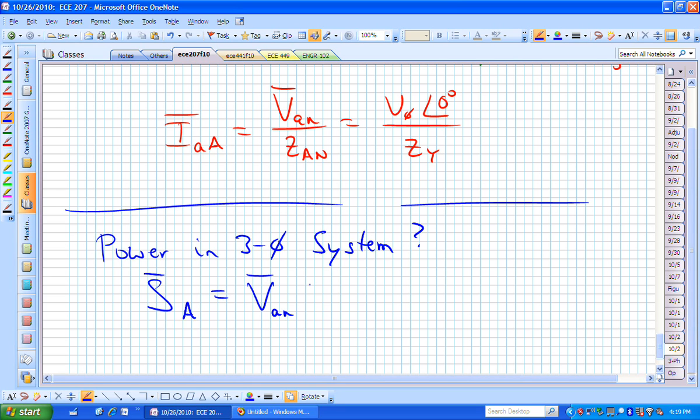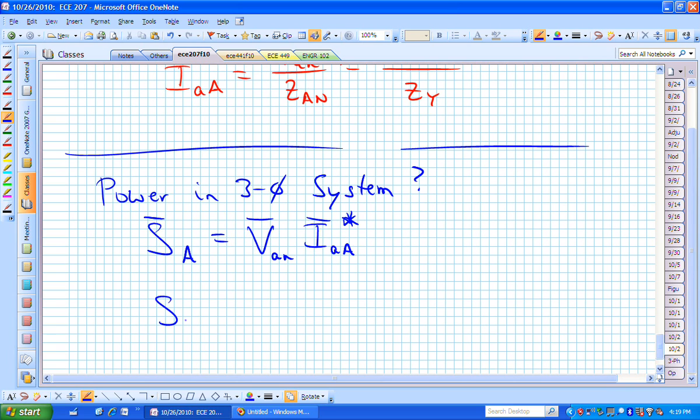What would I multiply that by in order to get the complex power? Complex conjugate of I. We would have I sub AA. That's our phase current, or the line current in this Y configuration. And that would give me the A phase, the total complex power, since it's balanced, would be that.